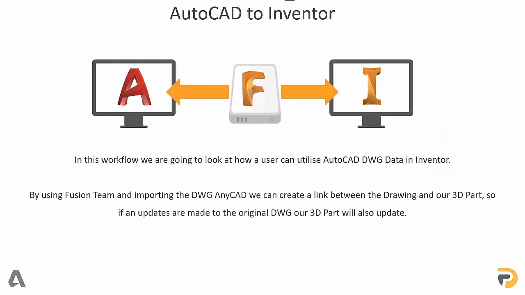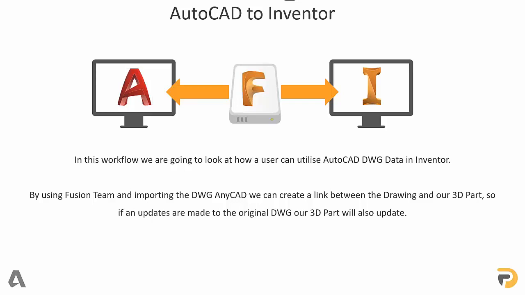Okay, so this takes us to our first workflow. A lot of our customers have AutoCAD data, which they may have built up over years, and they're thinking of moving to Inventor. So basically what we want is for them to be able to use this AutoCAD data in the future, or not let it go to waste after years and years.